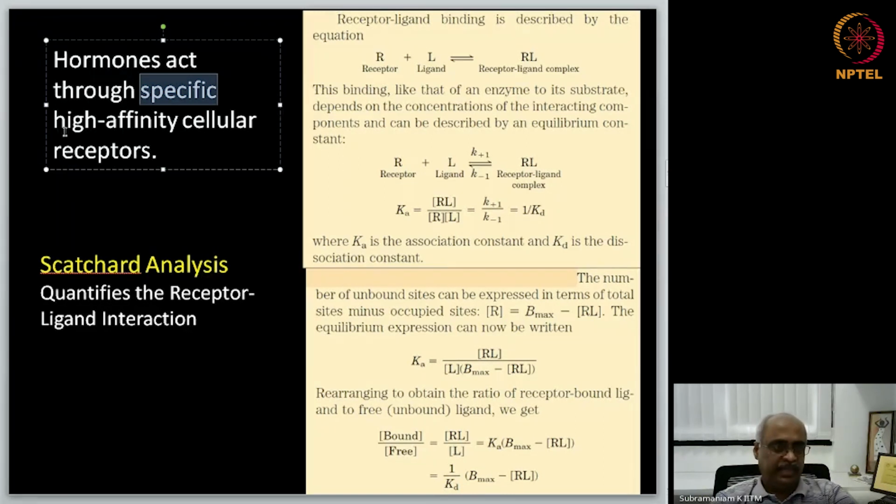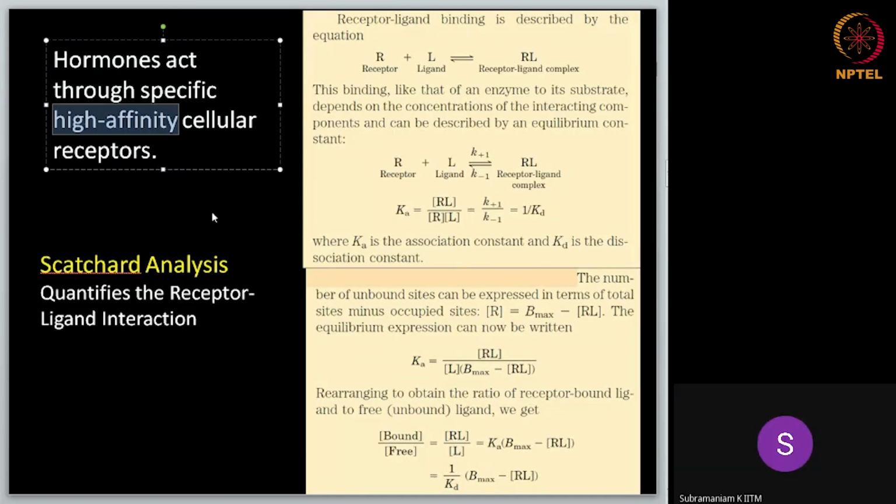And second is high affinity. These molecules are produced in very low quantities. Yesterday we learned about this with respect to steroid biosynthesis. I was telling you the amount of cholesterol that flows through that pathway is extremely low compared to the amount that goes through bile salts, bile acids production. So hormones work at extremely low concentration, and that is primarily because of the high affinity.